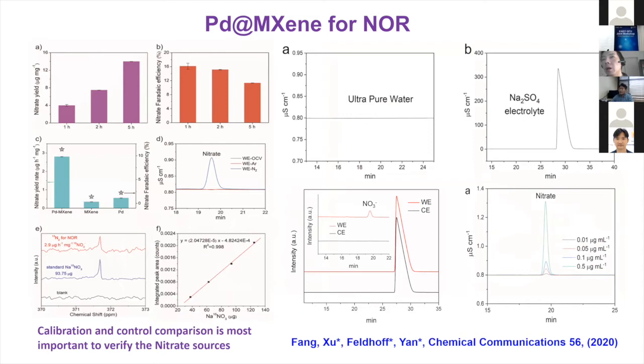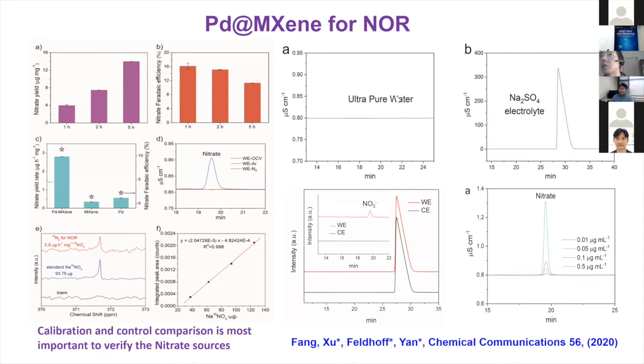Under the nitrogen oxidation process, there is certain oxidation happening to the palladium catalyst, which makes the cycling performance not so good. So we did this Faraday efficiency and yield test, and we used isotope labeling and many control experiments to see that the product really comes from the reaction.